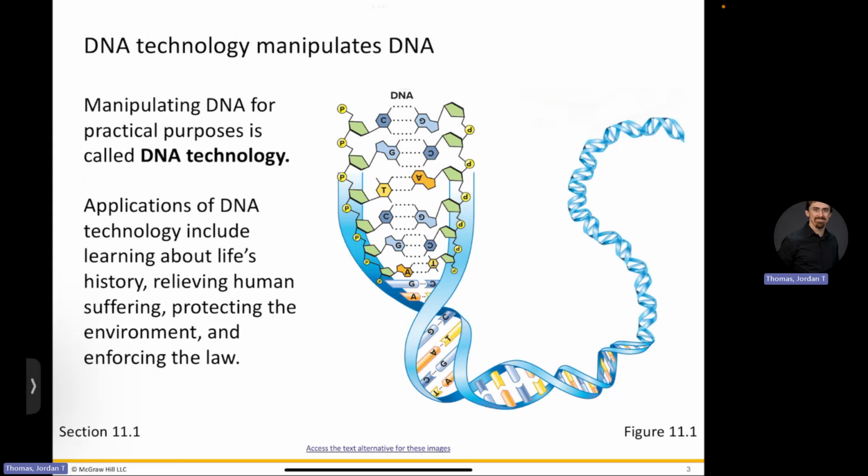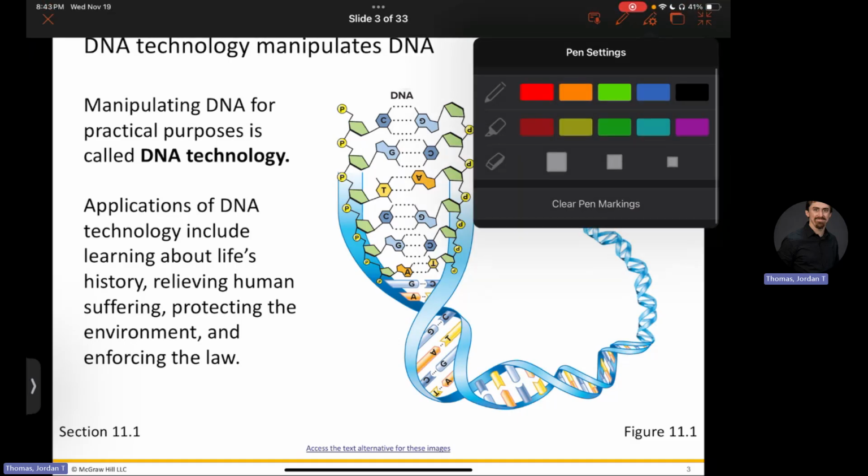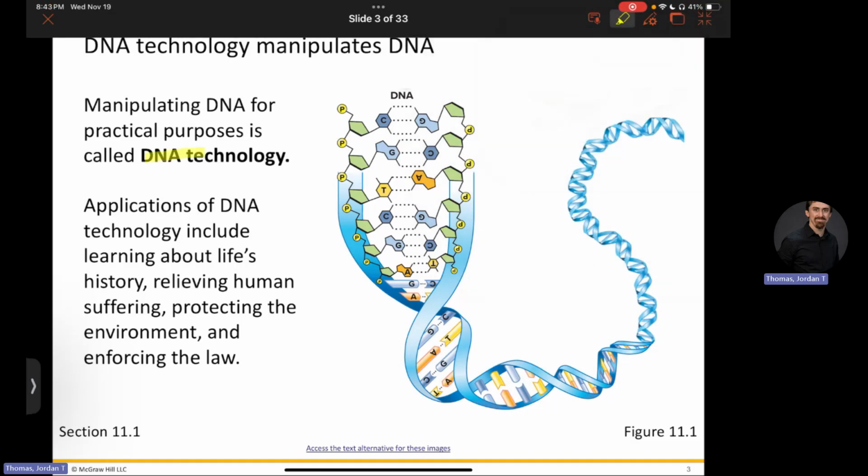DNA technology manipulates DNA. Manipulating DNA for practical purposes is called DNA technology. I'm gonna highlight that. Manipulating DNA for practical purposes is called DNA technology. Applications of DNA technology include learning about life's history, relieving human suffering, protecting the environment, and enforcing the law.